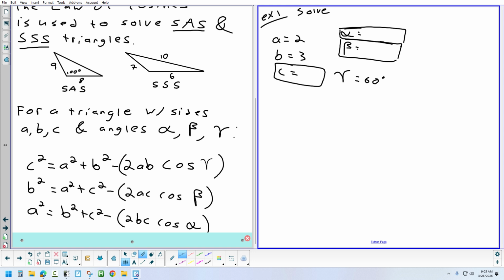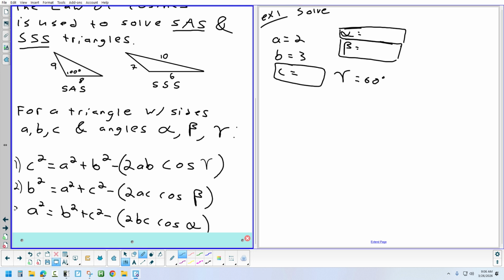Now, we've got to pick one of these versions. They're all the same formula, just different versions. Whatever version we pick, you have to be able to plug in everything into the formula. There has to be space for a, b, and gamma. So what version of the law of cosines would we use that has spaces for all three things?